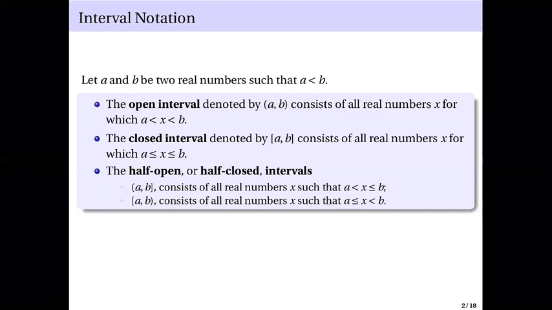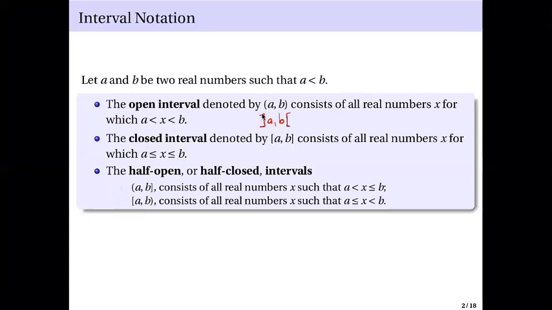And I think in some notations, in some references, instead of using parentheses, they use square brackets, but reversed, to denote open. Meaning in some references, you might see this symbol here. Instead of (A, B), they will use this, a square bracket facing outward, to denote open.